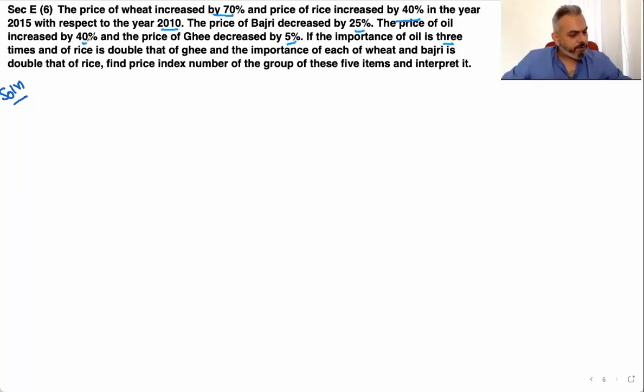If the importance of oil is 3 times and of rice is double that of ghee and the importance of each of wheat and bajri is double that of rice, find the price index number of group of these 5 items and interpret it. So first let's write the items.